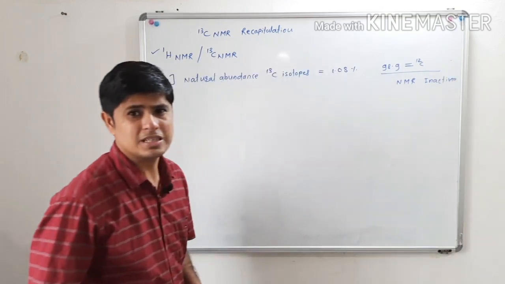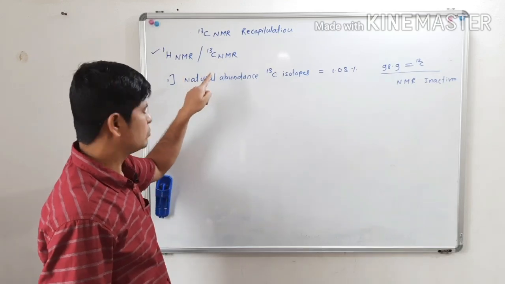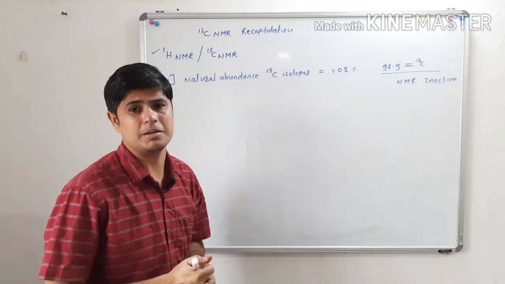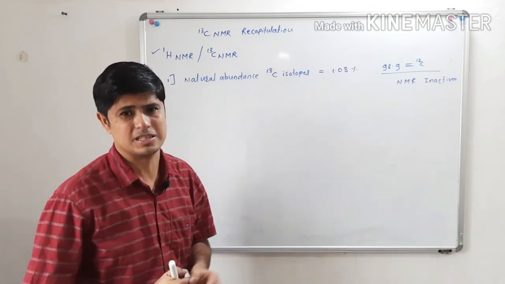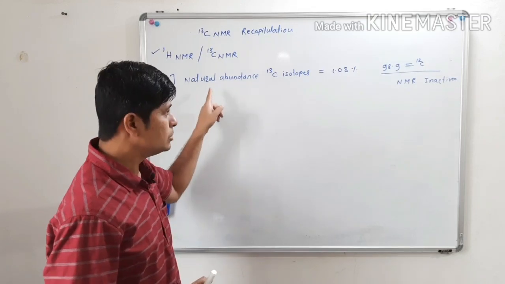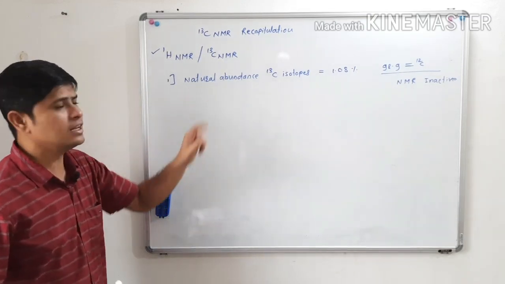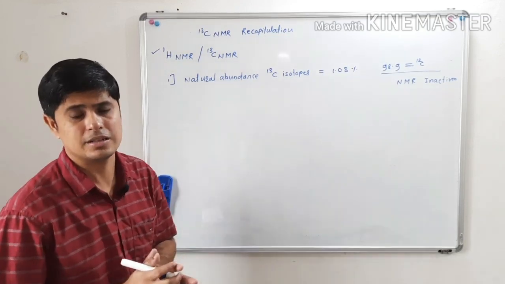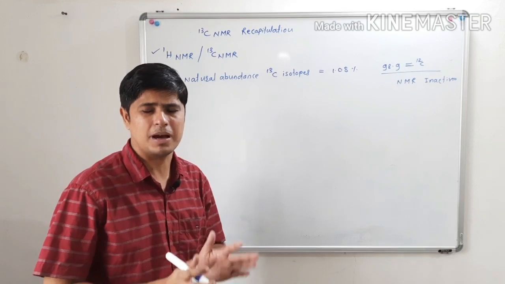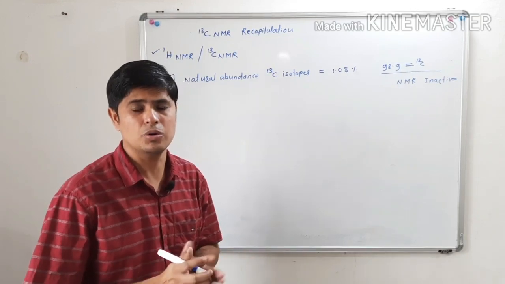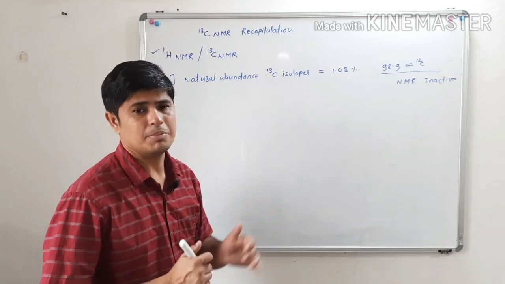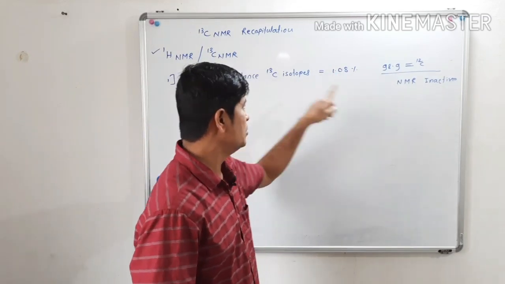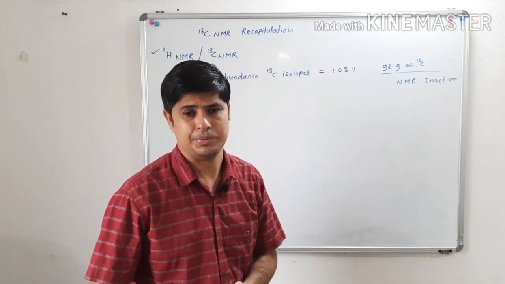Now our point of discussion is why carbon 13 NMR is less sensitive than 1H NMR. The first point to answer this question is that the natural abundance of carbon 13 isotope is very low as compared to carbon 12 isotope, and carbon 12 is NMR inactive while carbon 13 is NMR active.